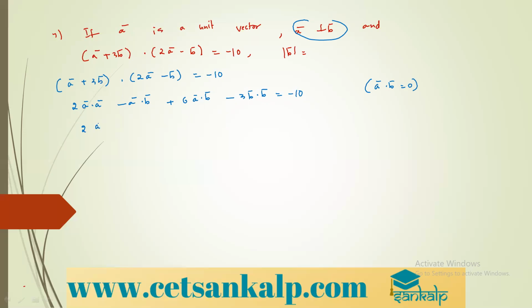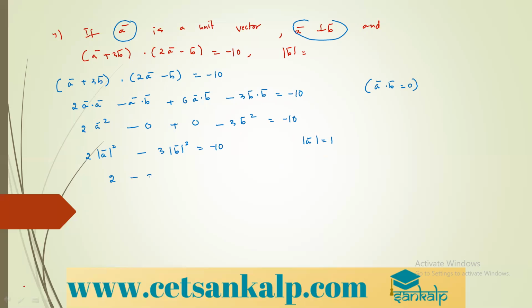So 2 into A square minus 0 plus 0 minus 3 into B square equal to −10. That is, 2 into magnitude of vector A square minus 3 into magnitude of vector B square equal to −10. Because A is a unit vector, its magnitude will be 1.